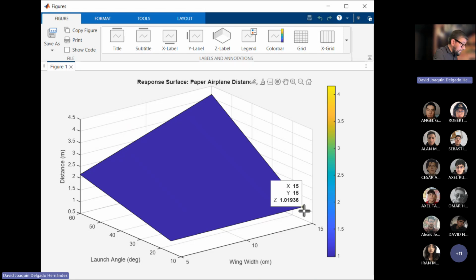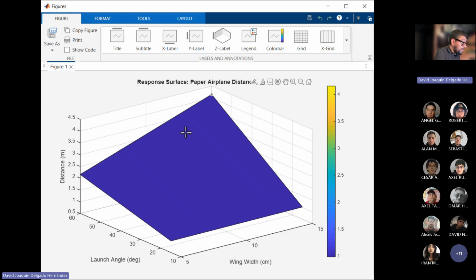But what happens if you have in this point here the wing width of 5 centimeters, but the angle now is 60 degrees? The distance that you can reach is now 2.15, okay? 2 meters and 15 centimeters. And what is the best?